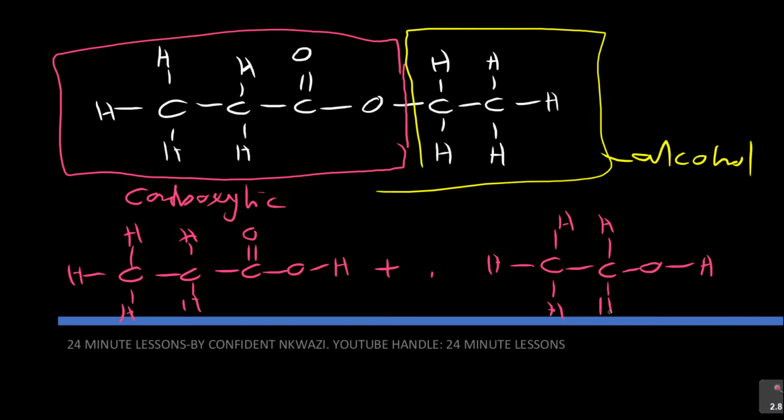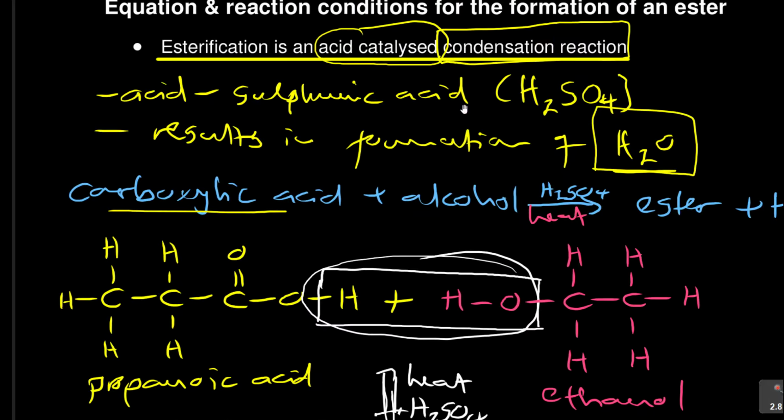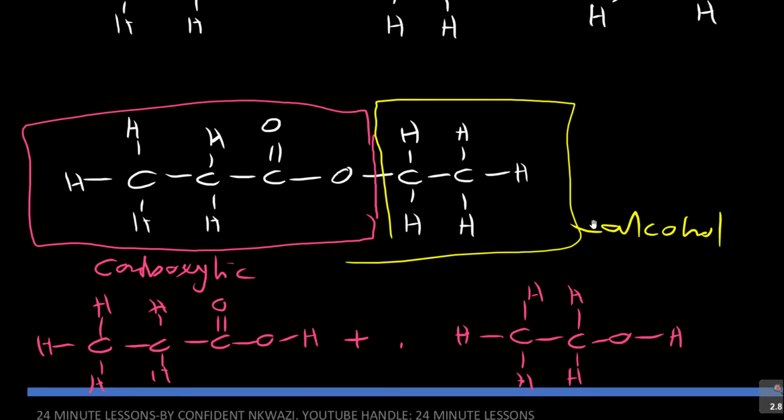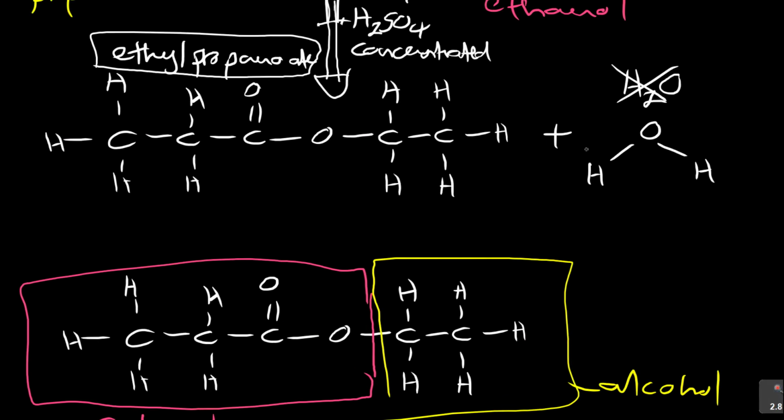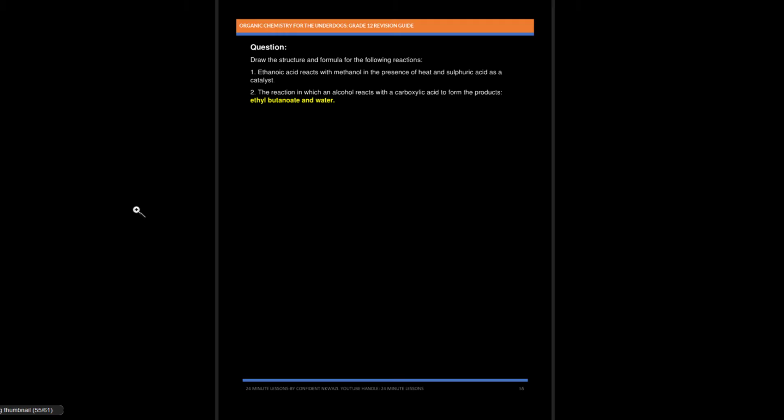Some are used in this version. Still correct, whatever case. So this is the formation, guys, of an ester. Don't forget, it's a condensation reaction. Water is produced. You need not to forget this product, H. Don't write it as H2O. It's better to write it like this. Some write it like this. Anyway, but you must show the structure of water. Don't be tempted to write it as a molecular formula.